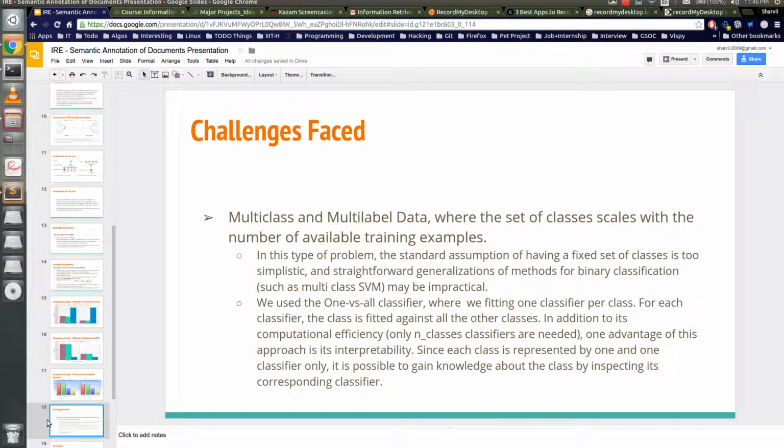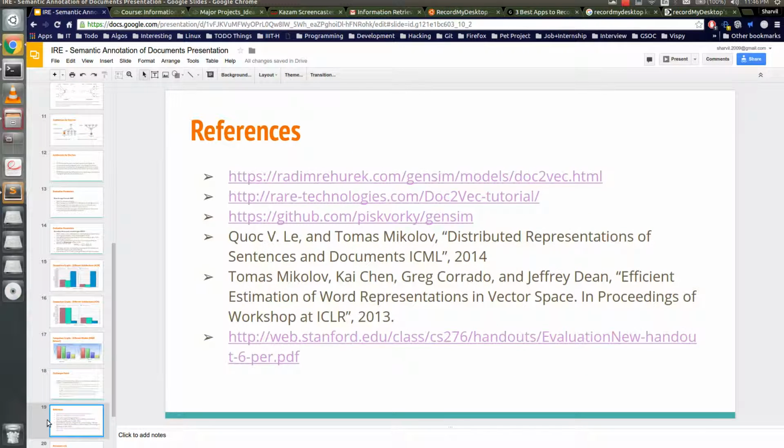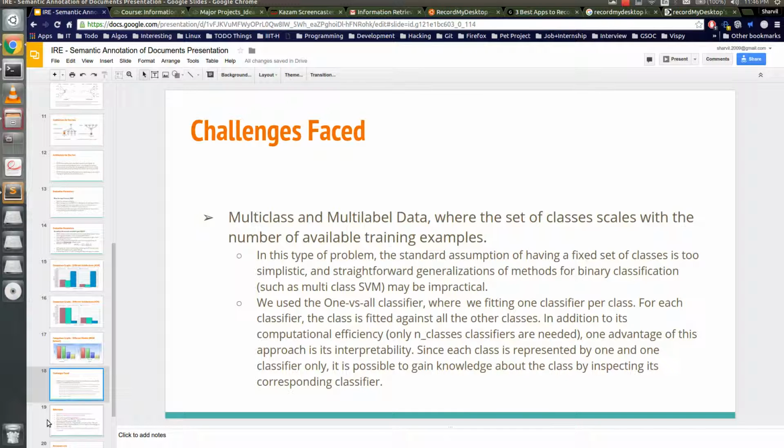We generate n classifiers, where the number of classifiers is equal to the number of classes that we have, and each classifier checks whether a sample belongs to that particular class or not. This is highly important to us because it gives us an idea of how well our model is doing for a particular class, and why a particular class is not doing well.